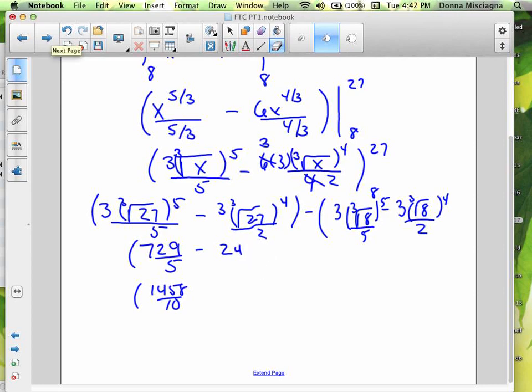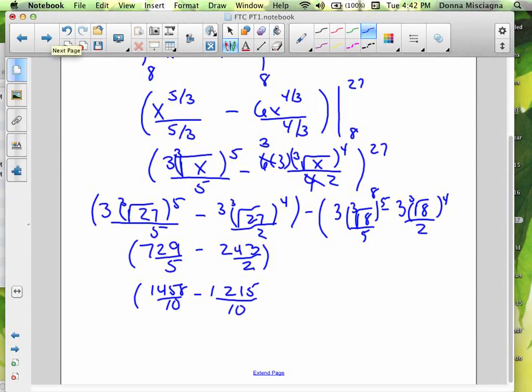But we're going to have to multiply both the numerator and denominator by 5 so we can combine those. So that's going to be 1,215, hopefully, all over 10. And if I made a mistake, tell me tomorrow.